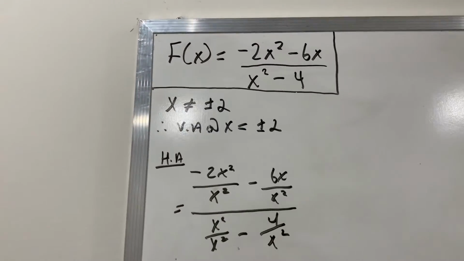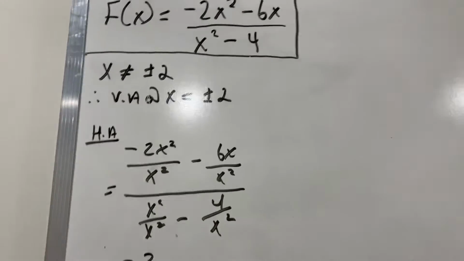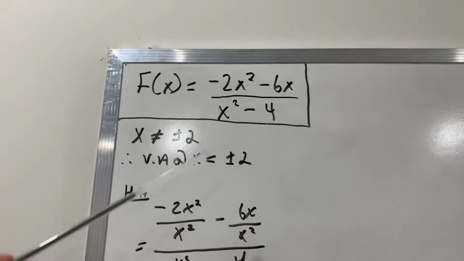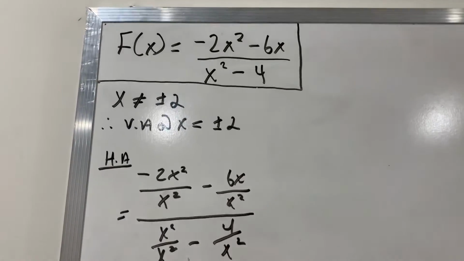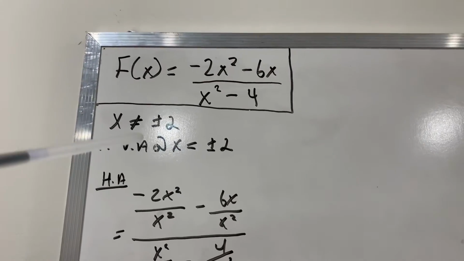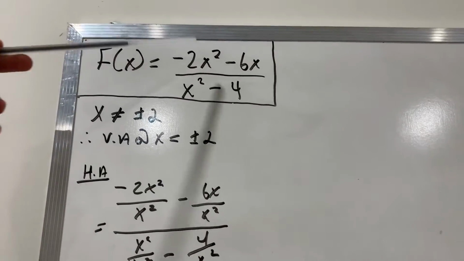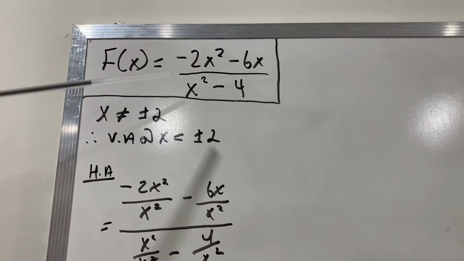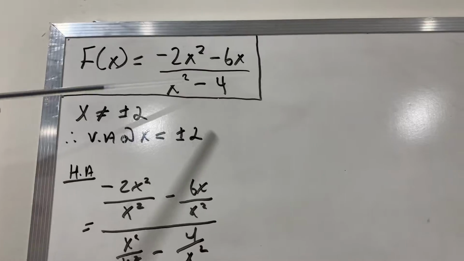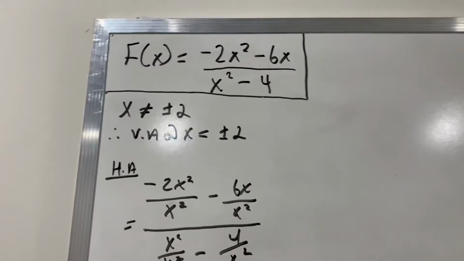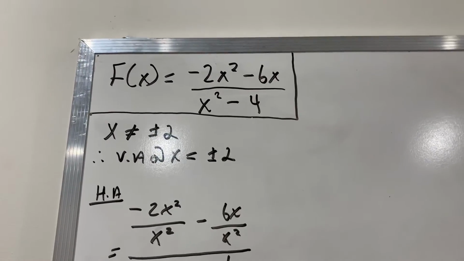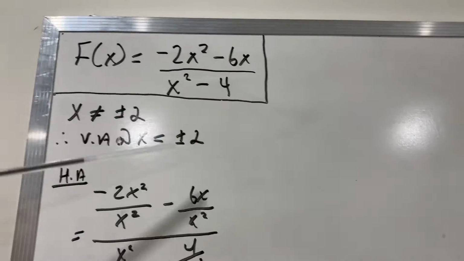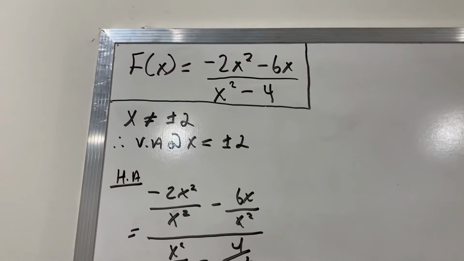So now that we figured out what the vertical asymptote is, we have to find out whether there's a horizontal asymptote or a linear oblique asymptote. For a horizontal asymptote, the degrees in the numerator and the denominator are both equal, or the degree in the denominator is larger than the degree in the numerator. In this case, since both of them are equal, we know that there is a horizontal asymptote.